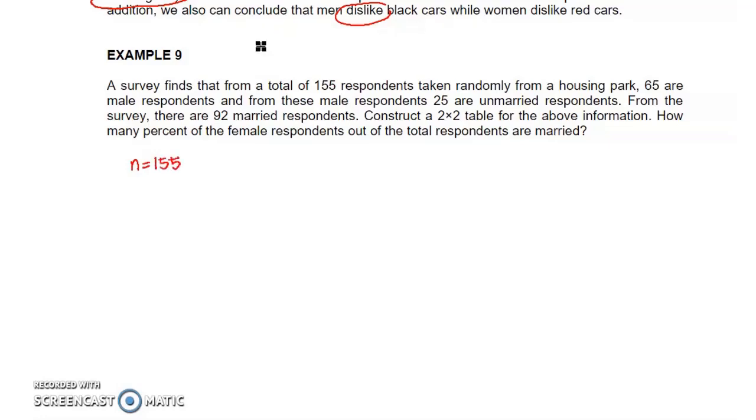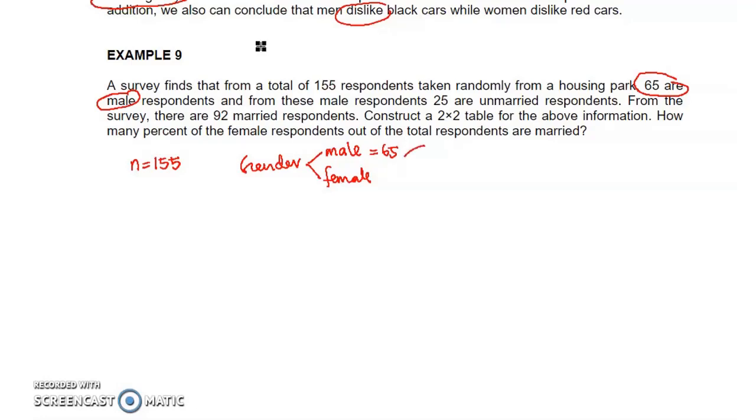65 are males. That means that our first variable here will be gender. So we have male, we have female. So male 65. From these male respondents, 25 are unmarried.